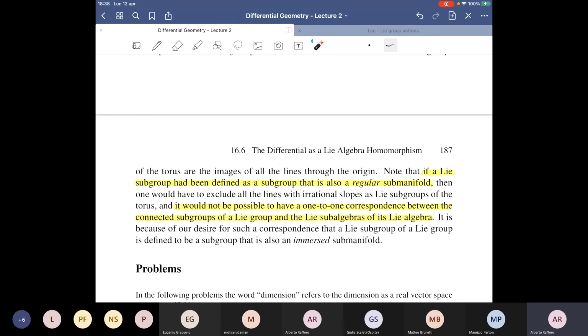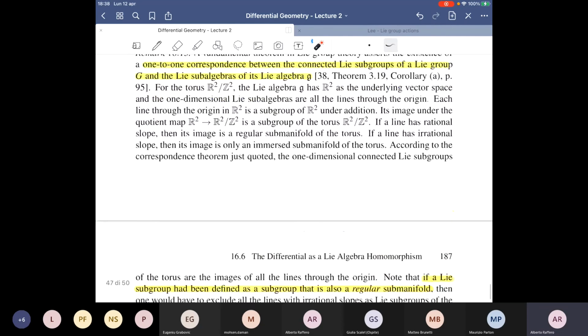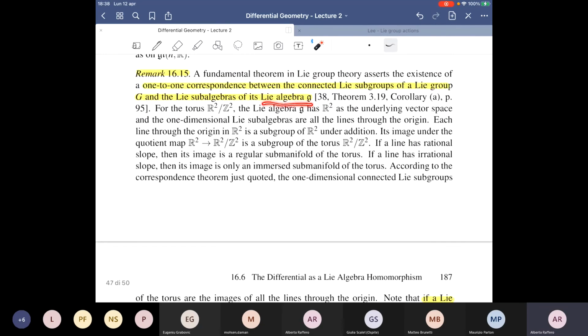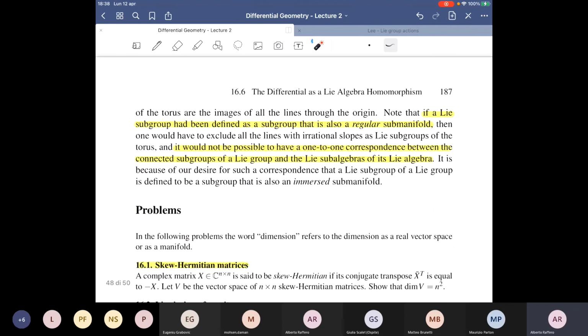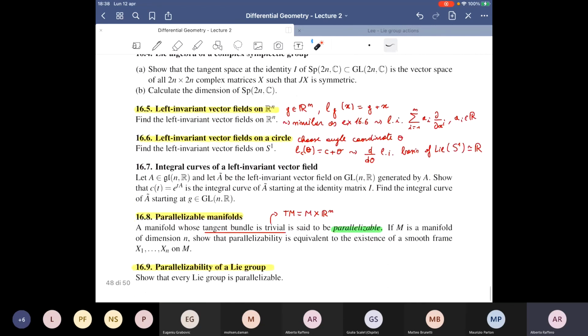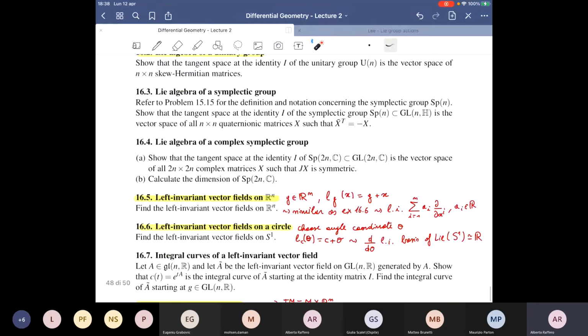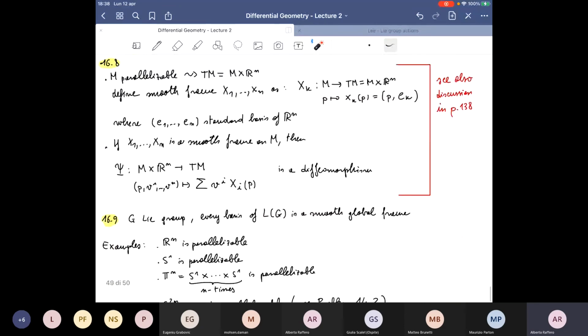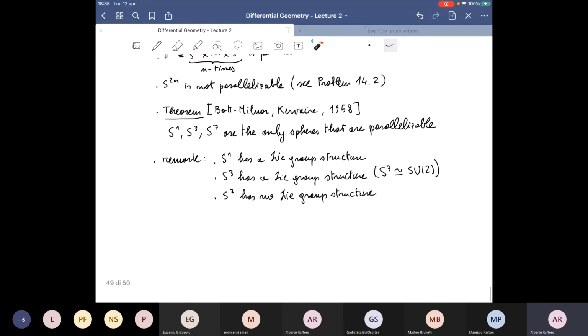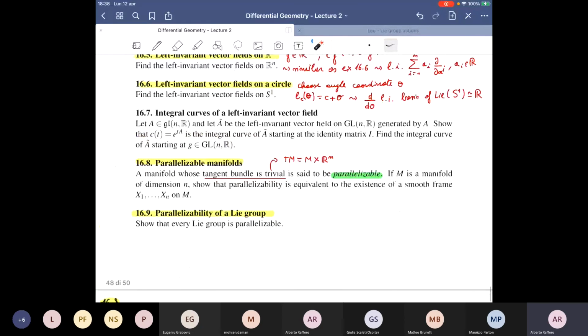And of course, this one-to-one correspondence is crucial if you want to work at the Lie algebra level and then move to the Lie group level, for instance. Here there are some other results and problems that you can try to think about, and you will find some solutions that I wrote and some further information.